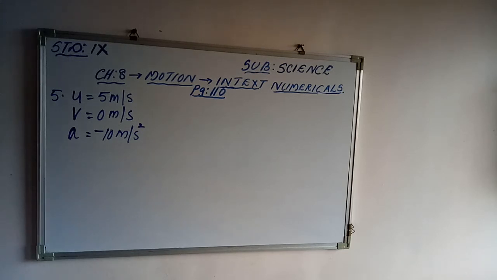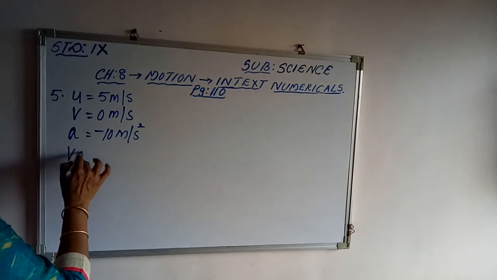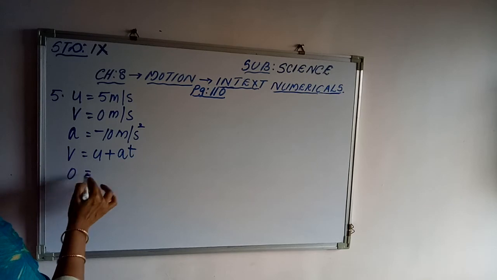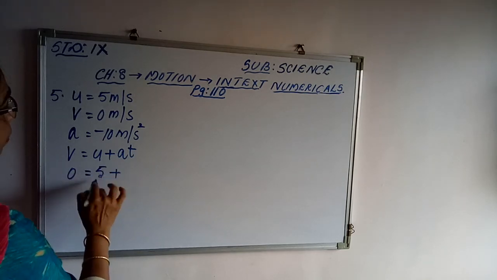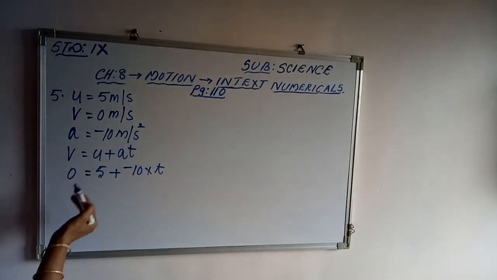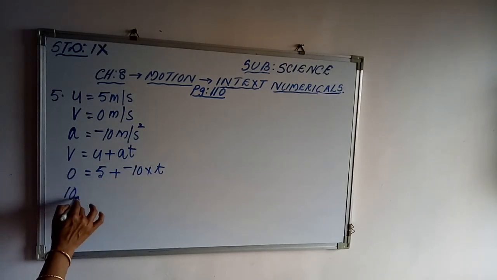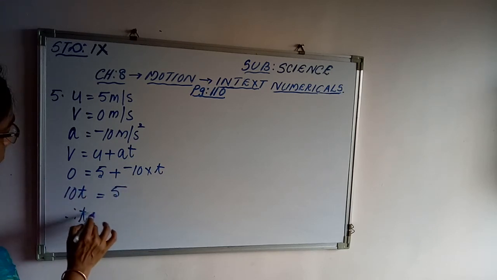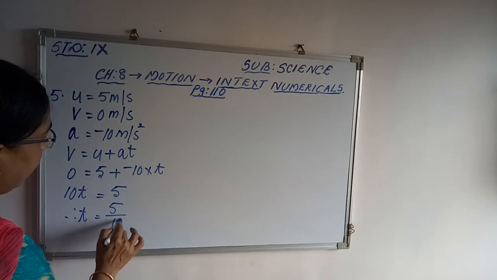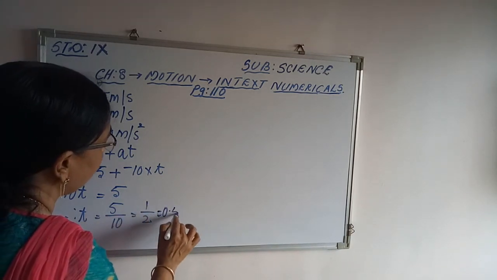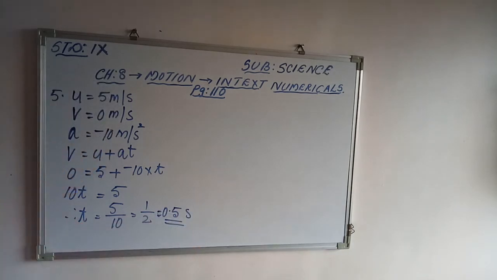So we can find out the time using the equation V is equal to U plus AT. That is 0 is equal to 5 plus minus 10 into T, isn't it? Taking minus 10T to the left hand side we get 10T is equal to 5. Therefore, T is equal to 5 upon 10, that's equal to 1 upon 2, that's equal to 0.5 seconds. 0.5 second is the time taken.